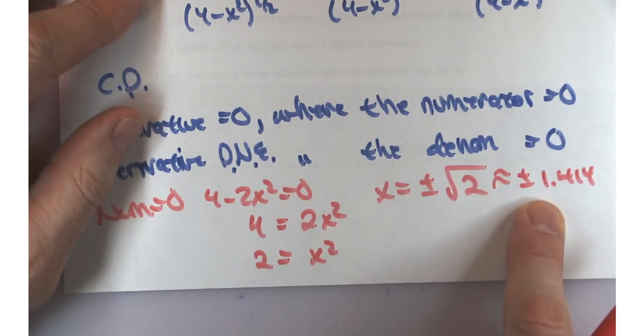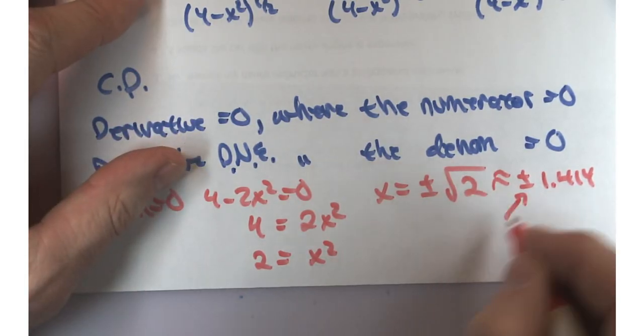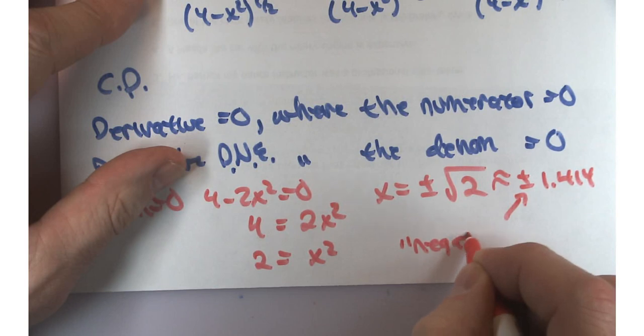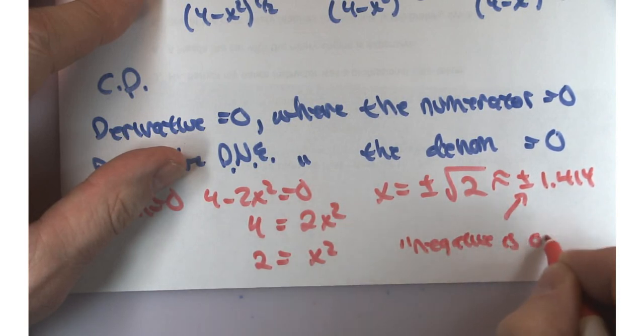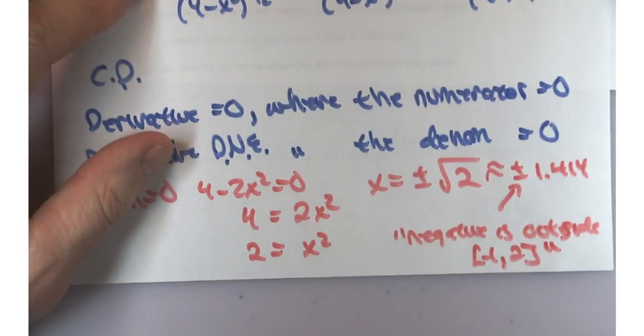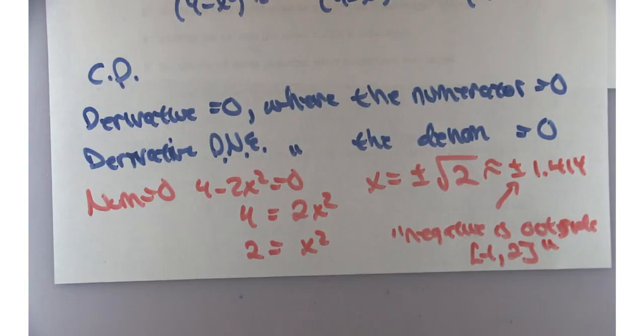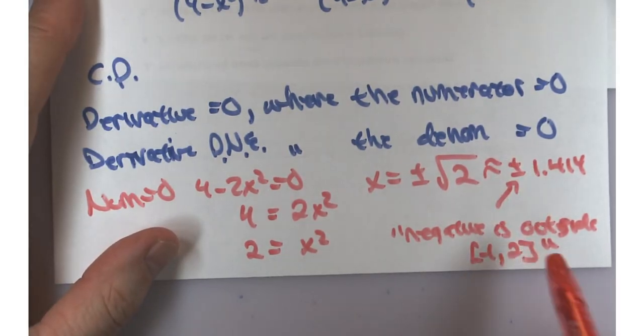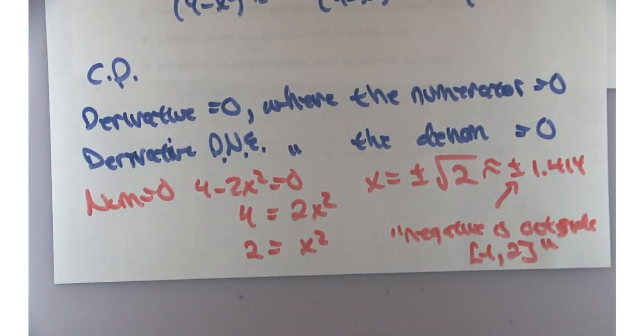So the negative is outside of negative 1 to 2, so we don't have to worry about that one. As far as testing points is concerned, all we have to worry about is the positive root and the endpoints. So we'll make ourselves a little t-table there.